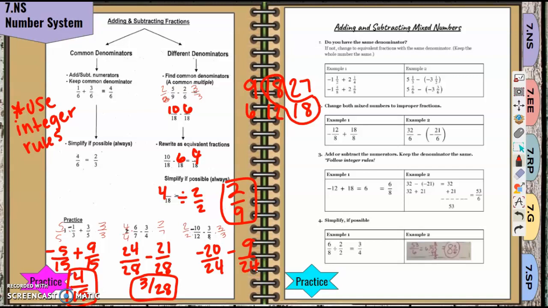I have the same denominator, so now I look at my numerator. Negative 30 minus 6. I have to do keep, change, opposite. That's negative 30 plus negative 6, which is negative 36 over 36.